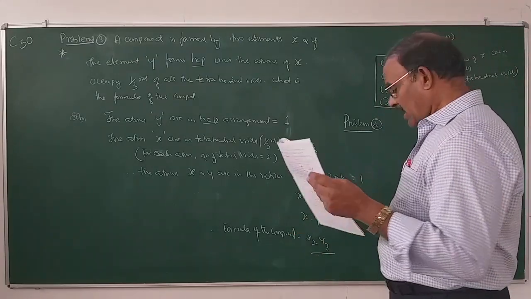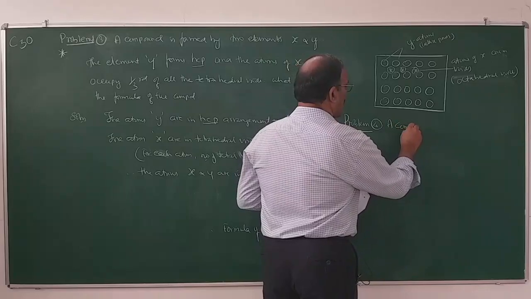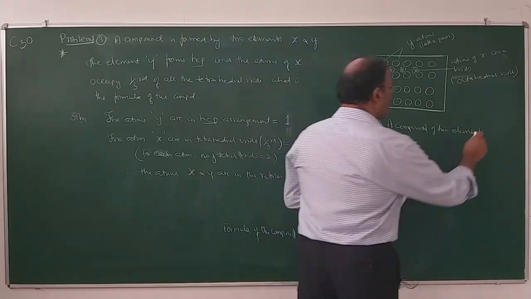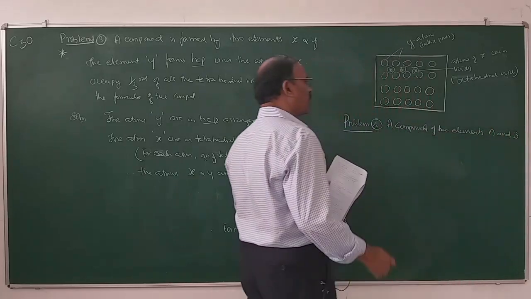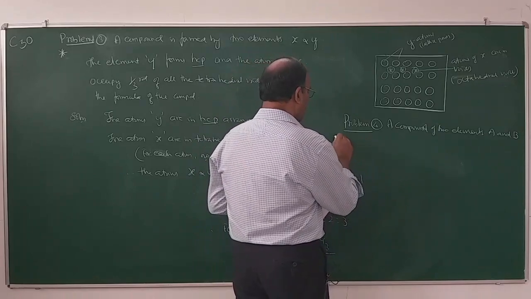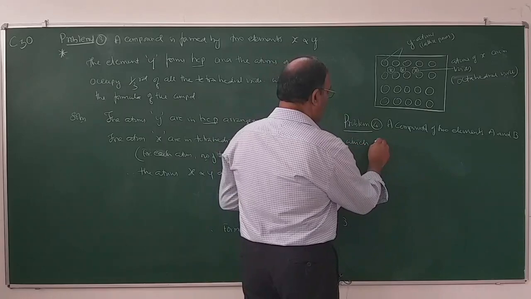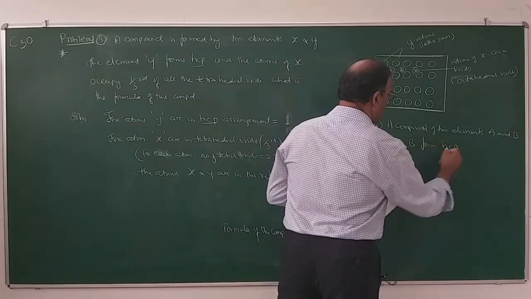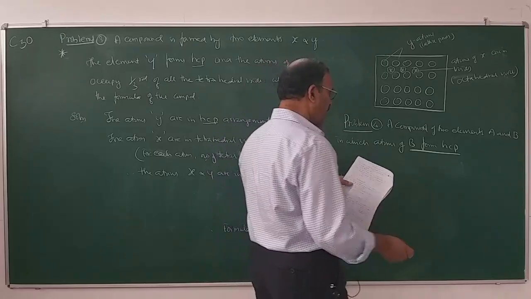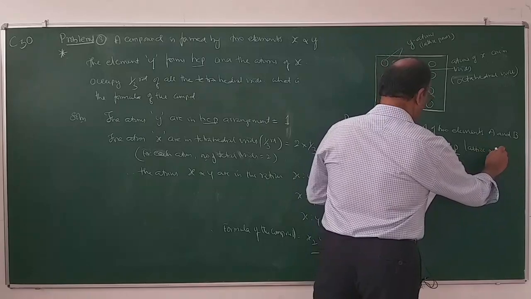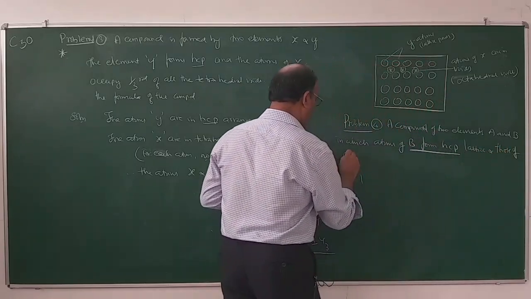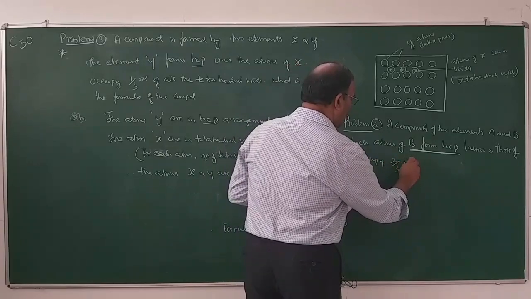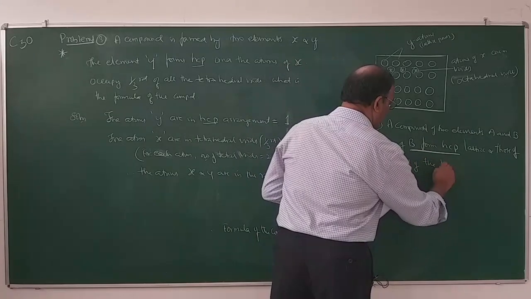A compound of two elements A and B, in which atoms of B form HCP lattice, and those of A, that means atoms of A occupy 2/3 of the tetrahedral voids.